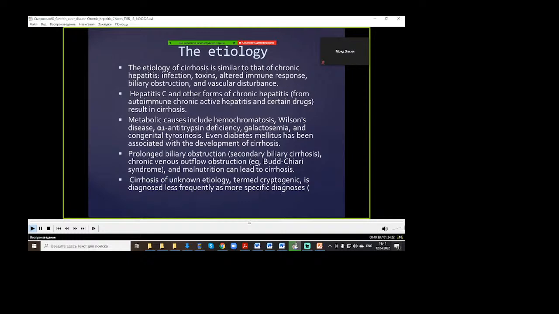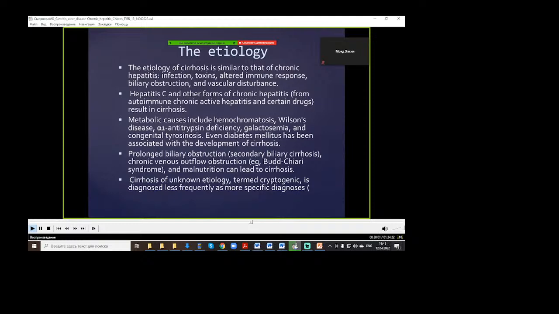Metabolic causes include hemochromatosis, Wilson's disease, alpha-1 antitrypsin deficiency, galactosemia, and congenital steatosis. Even diabetes mellitus has been associated with development of cirrhosis.